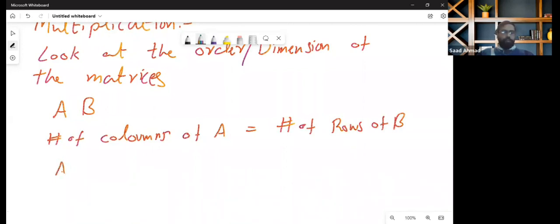Let's say we have A equal to, in general, a general matrix without the numbers.